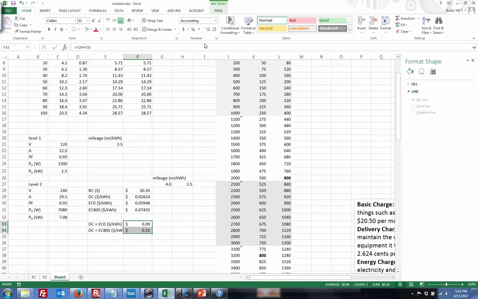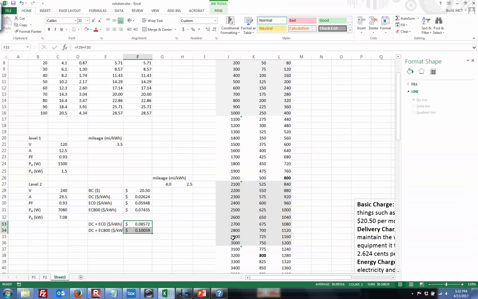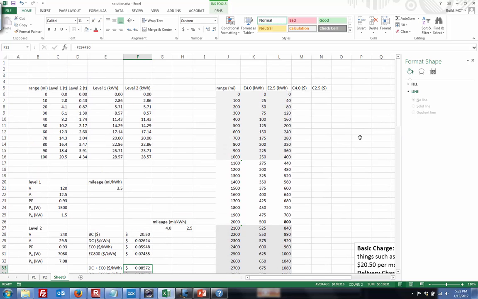And what we come up with, let's look at these numbers. $0.10059 equals 0.10059 times kilowatt hours per mile. I'm just going to have to do the inverse of that.